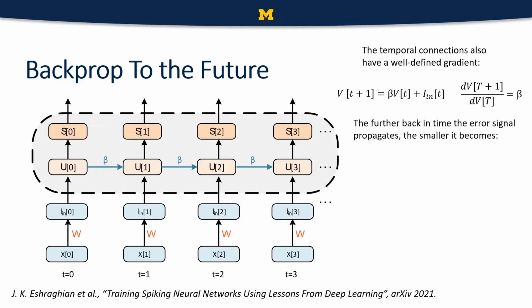So what backprop to the future does here, and this is a work in progress, this particular training method is a work in progress in snnTorch at the moment, is use expectations in order to guess what your loss is going to be. So intuitively speaking, forget the math for a sec, we use online learning, we use real-time recurrent learning.